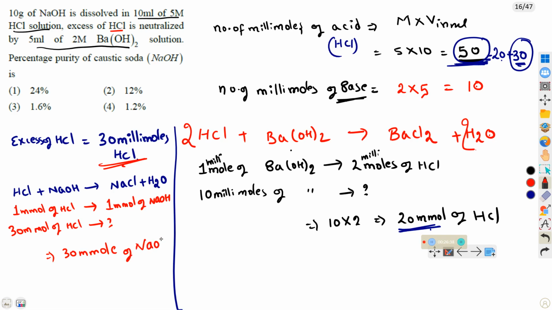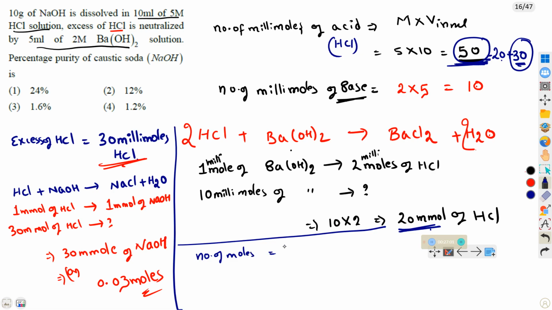Now, the number of millimoles of NaOH, you know, is 30 millimoles. 30 millimoles converted to moles can be written as 0.03 moles. Now we know that number of moles is equal to weight by molecular weight.